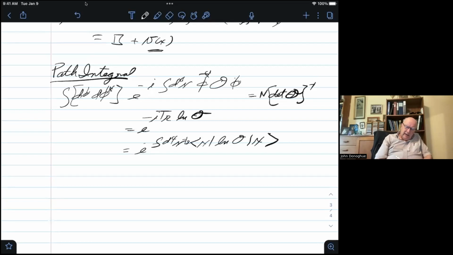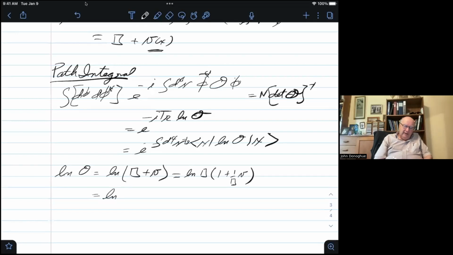We have here log of O equal to log of box plus V. The expansion that we're going to do to make sense of this is to write this as log box times 1 plus 1 over box V. Just bear with me for a minute.